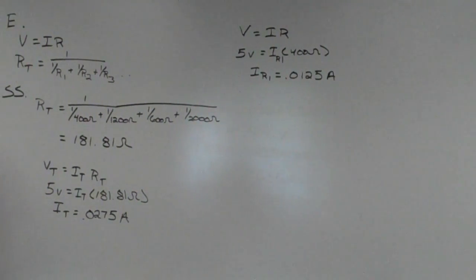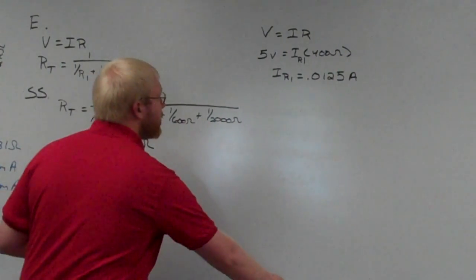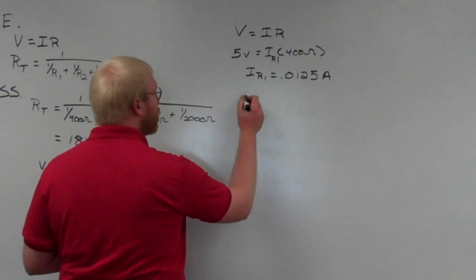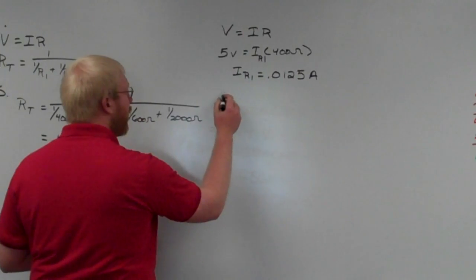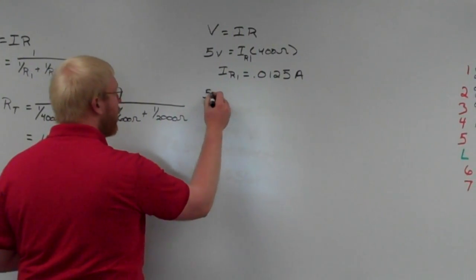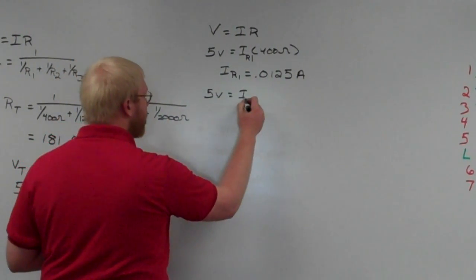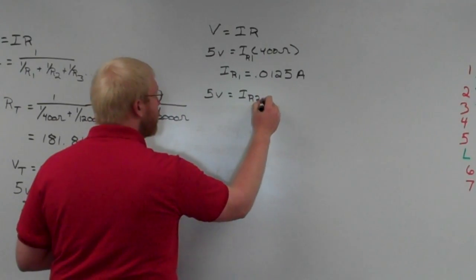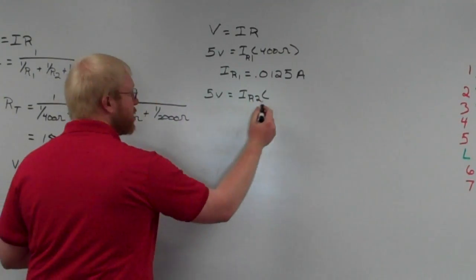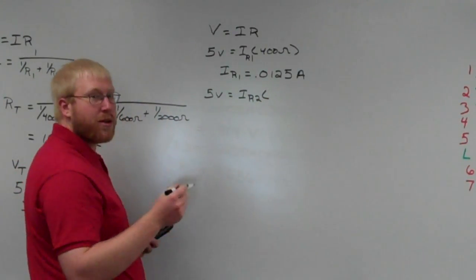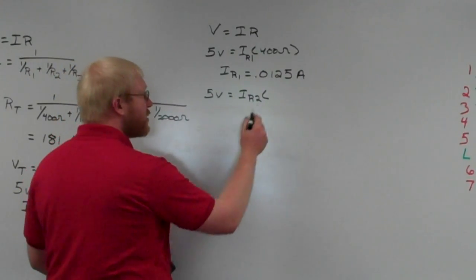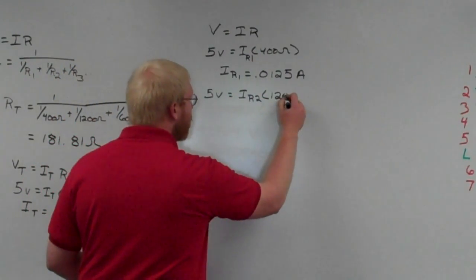We can do resistor 2, 3, and 4. They're all going to keep the same voltage, so I'm not going to worry about rewriting my equation. I'm going to just say 5 volts equals current at resistor 2 times its resistance, which is 1.2 kiloohms. Notice that I need to actually change that to 1200 ohms.